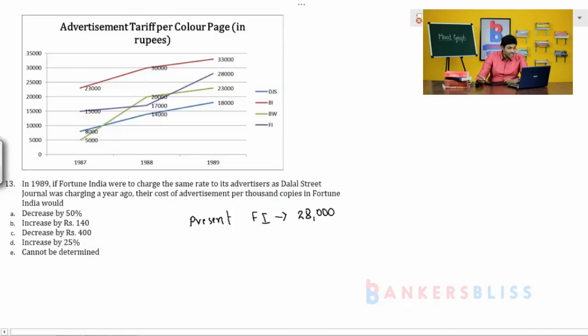But in the question they are telling, if Fortune India were to charge the same rate to its advertisers as Dalal Street Journal was charging a year ago. Charging a year ago means 1988, Dalal Street Journal were charging 14,000.